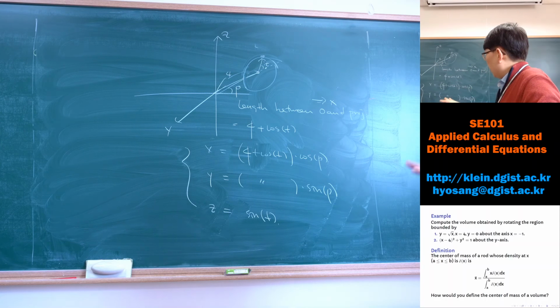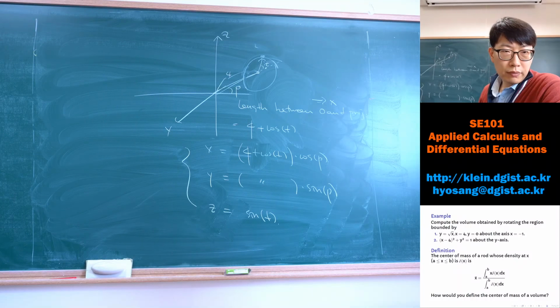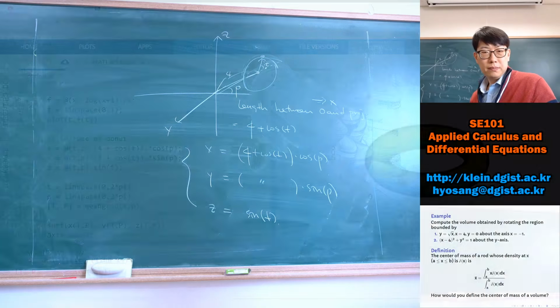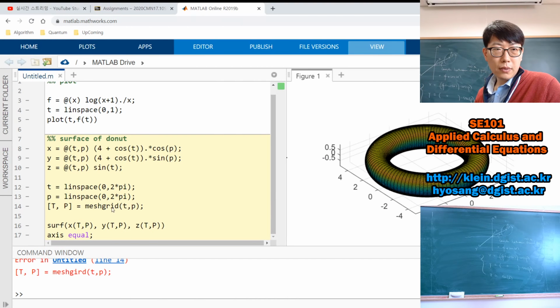So when you graph the surface, you need an array of t and an array of p, two one-dimensional arrays, and you have to make it a two-dimensional array because this surface is two-dimensional. So the meshgrid here makes your one-dimensional arrays two-dimensional by mixing t and p.